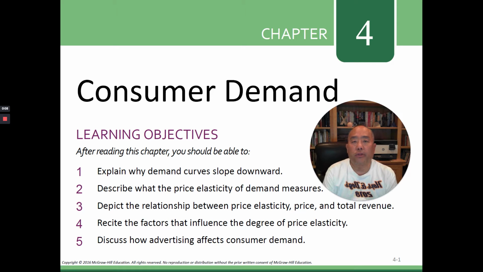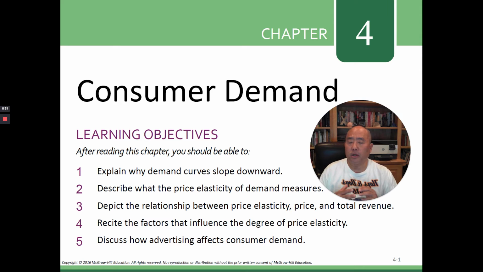We'll start out with the first learning objective: explain why demand curves slope downward. Demand curves slope downward because of marginal utility. This basically suggests that there is, first of all, an inverse relationship between price and the quantity demanded.